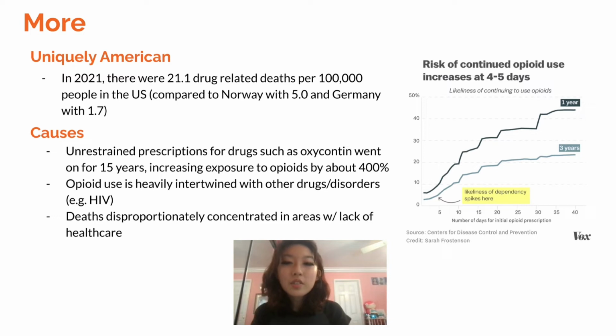Unrestrained prescription for drugs such as OxyContin went on for 15 years, increasing exposure to opioids by about 400%. Opioid use is also heavily intertwined with other drugs and disorders such as HIV. Also notable is that deaths are disproportionately concentrated in areas with a lack of healthcare.